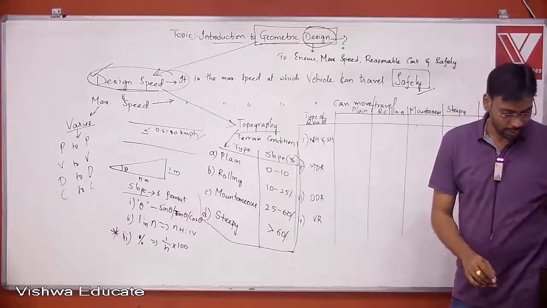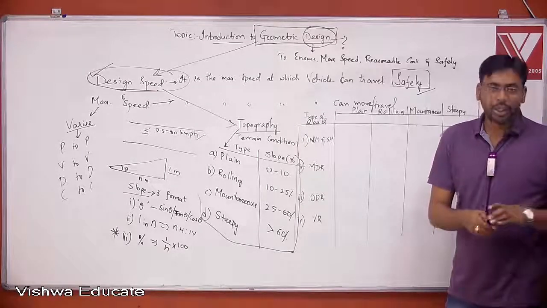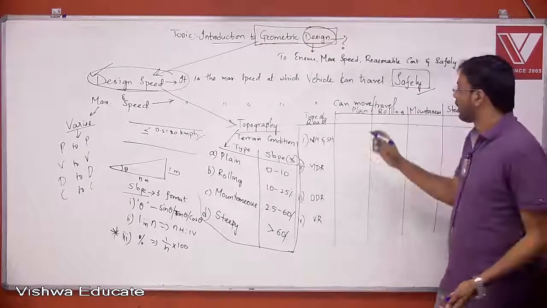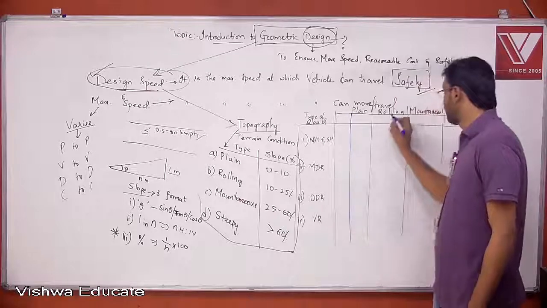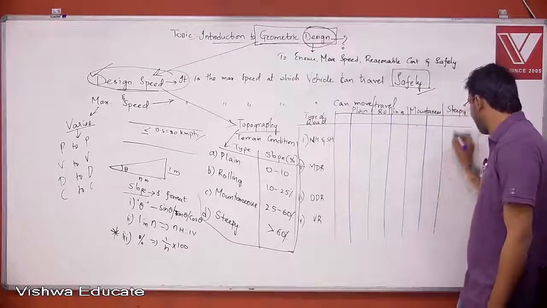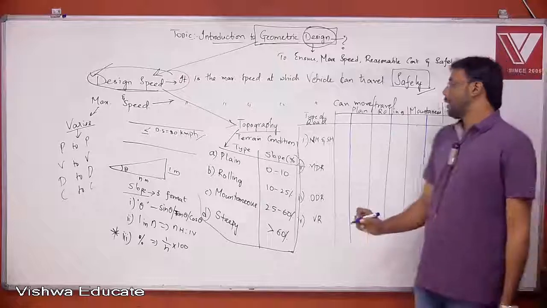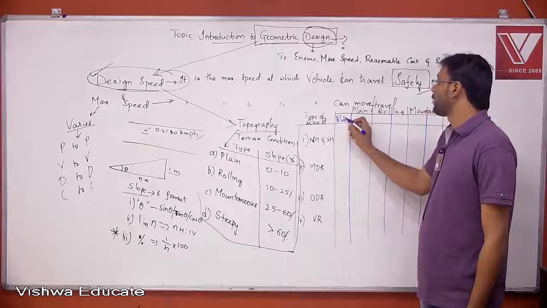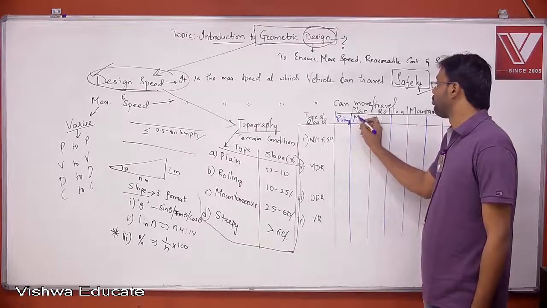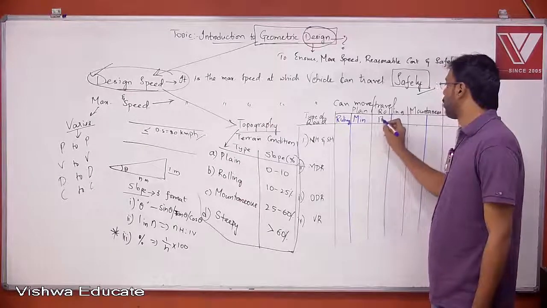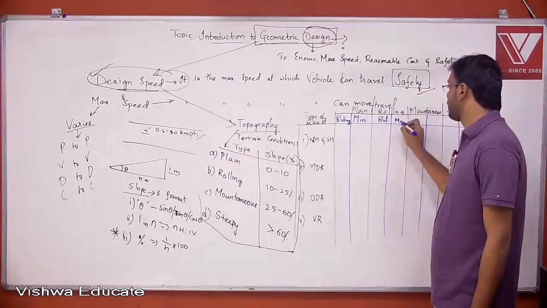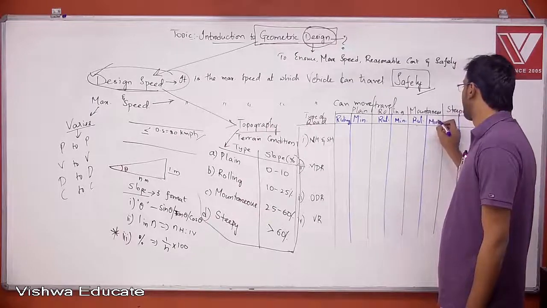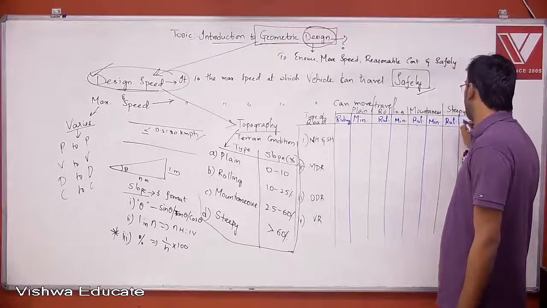Again, each topography can be divided into two categories like this way. They can be categorized like this: ruling and minimum. Ruling and minimum. Ruling and minimum. Ruling and minimum.